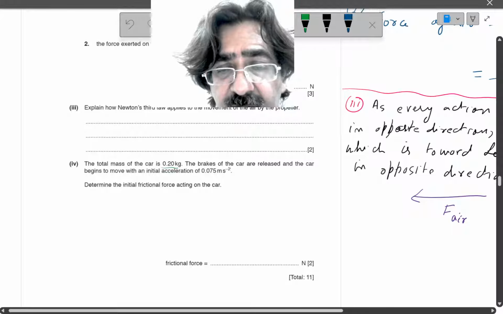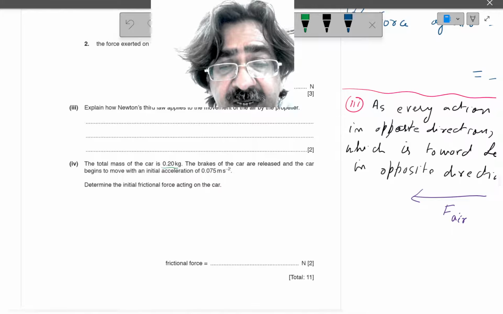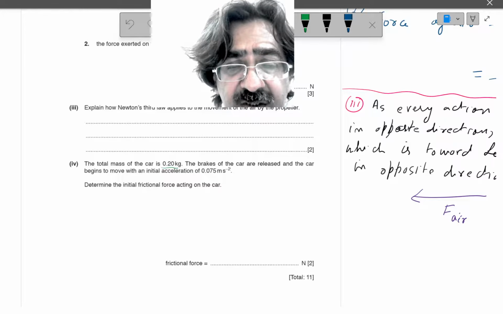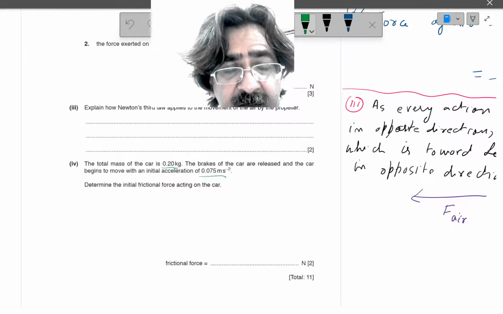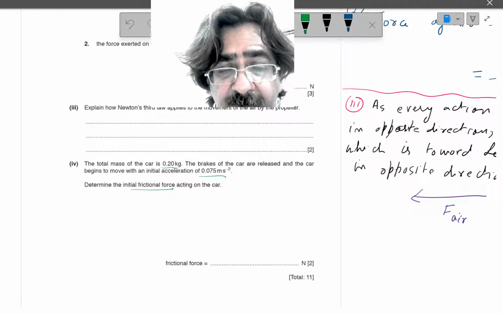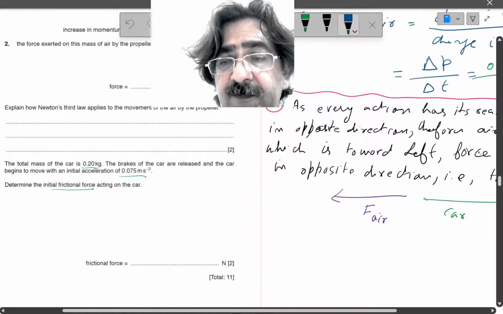The initial velocity will be zero because there was a brake and the car was stationary, and the car began to move at initial acceleration 0 point. Find the initial friction. So we have to find the friction.